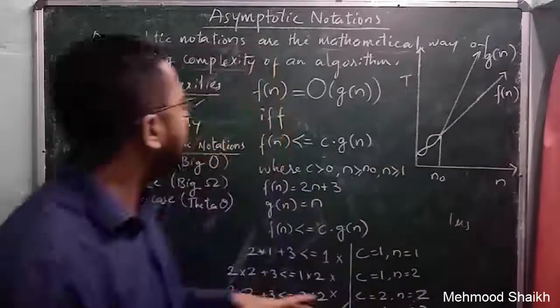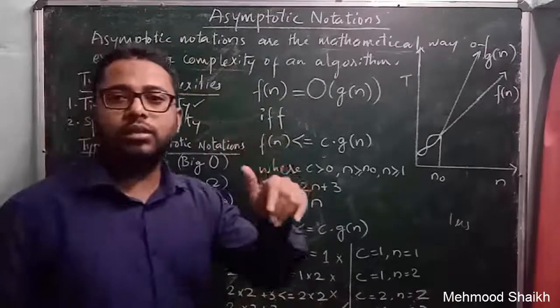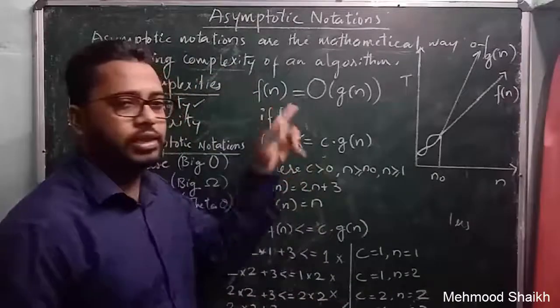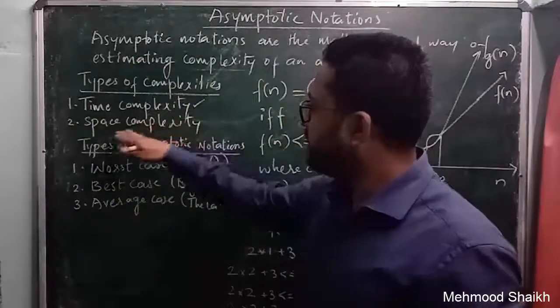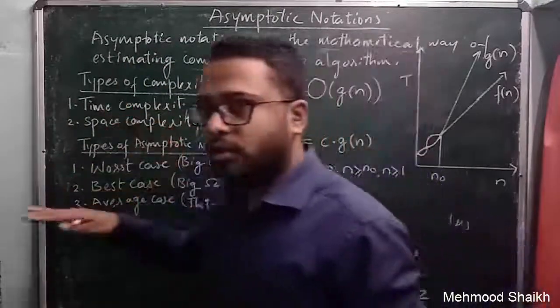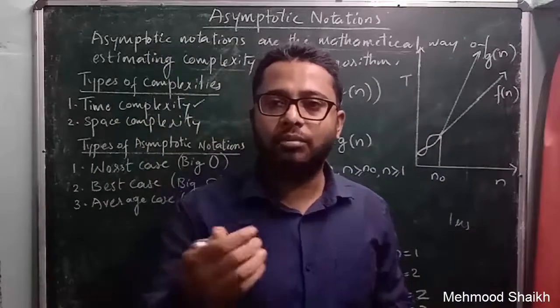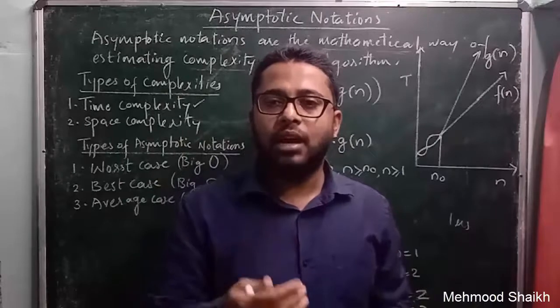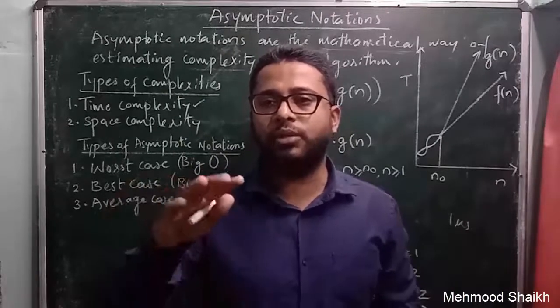Now we will come to the next point. We are mainly concentrating on estimating the complexity, and there are two types of complexities: time complexity and space complexity. So what is time complexity? When you execute a program, your algorithm might have some set of lines, and those lines try to access certain resources of your computer.